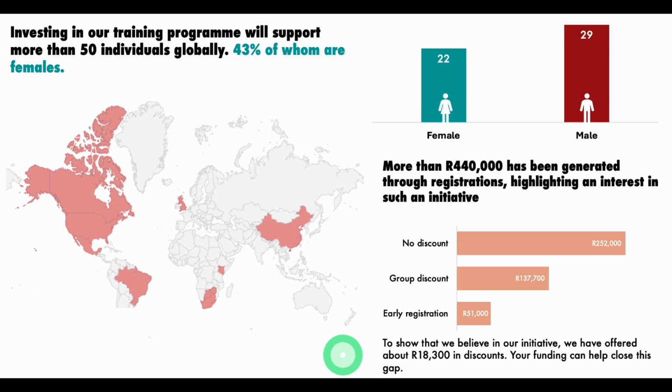So this is just an example. It's not something that you can use every day. You just have to adapt a few things, but it was just showing some of the aspects that you can include in your presentation if you ever present to a funder.